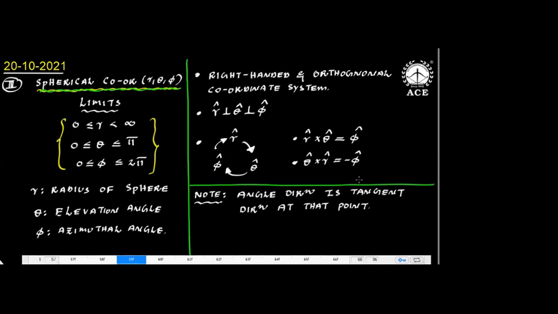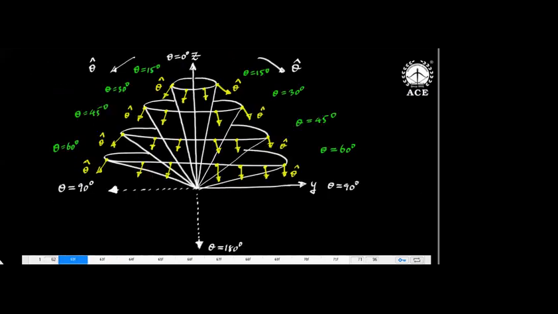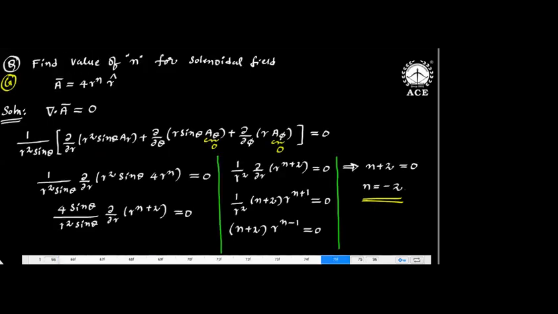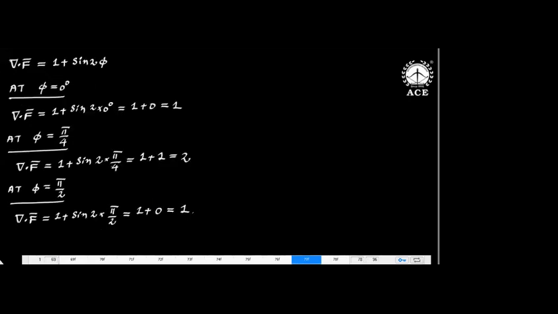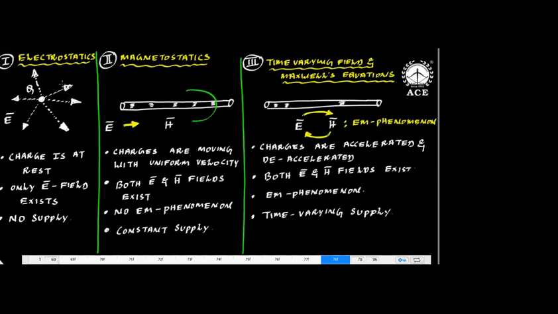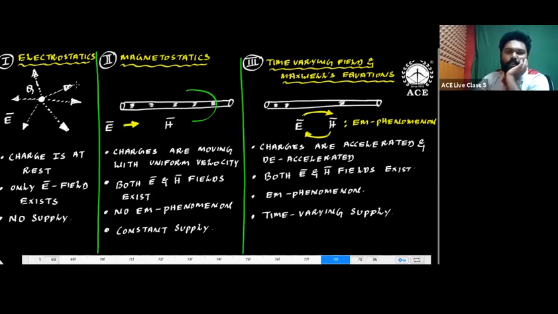Sir, in the 77 or 78 slide, the electrostatic and magnetostatic, I didn't get it. I am just saying that if the charge is at rest, there is an electric field. If the charge is moving, there is a magnetic field.